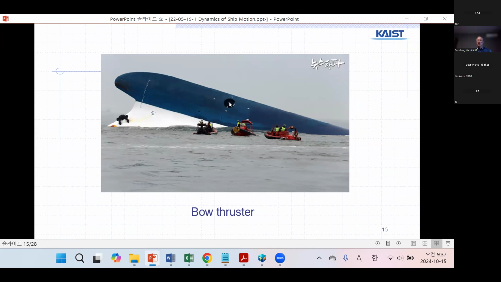Inside the tunnel, there is a small propeller. To move the ship in a lateral way, the bow to right and left, near the port, you can use this bow thruster to change the direction easily.